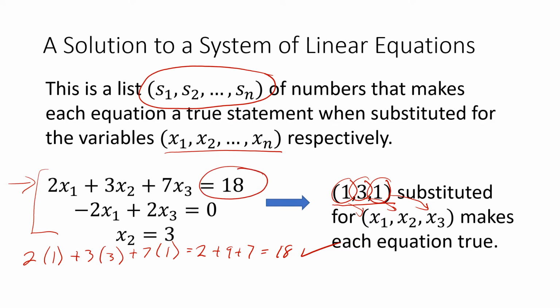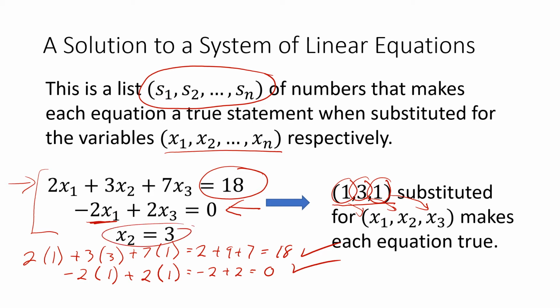But my second equation, minus 2 times x1, which is 1, plus 2 times x3, which is 1. What does that give me? Minus 2 plus 2 equals 0. That matches there. That's correct. And the third one's pretty easy to see. x2 is equal to 3. Okay, so those numbers give me a solution to my system of linear equations. It's a set of numbers that works for all of the equations.